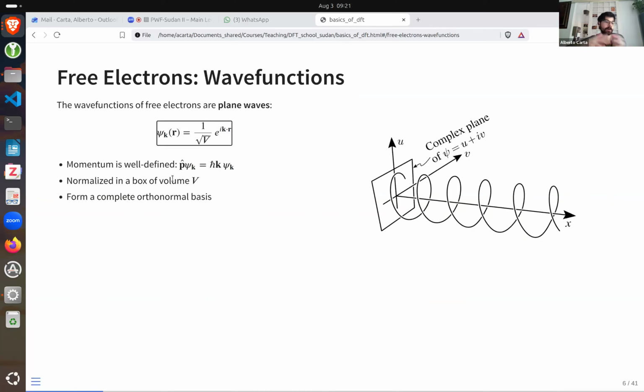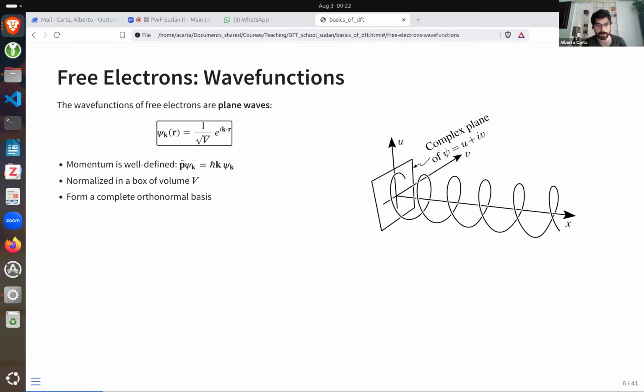The important thing here is that generally we run our calculations on a normalized box of some volume V. Within this box, all of these plane waves form a complete orthonormal basis.